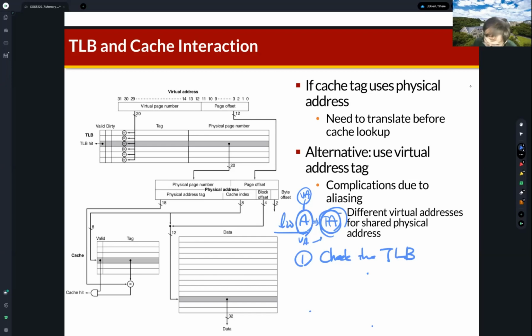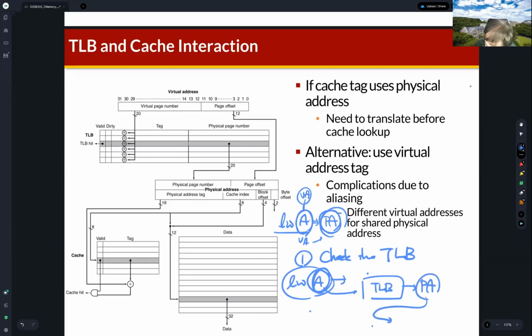So when the load word A is executed, we need to access the TLB first, and then we get the physical address.